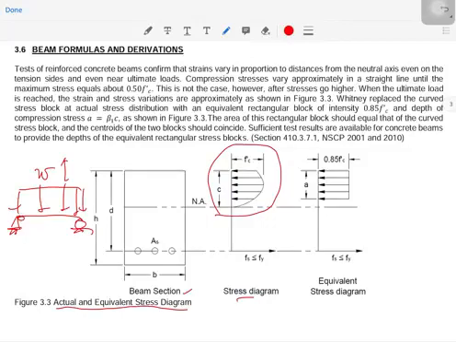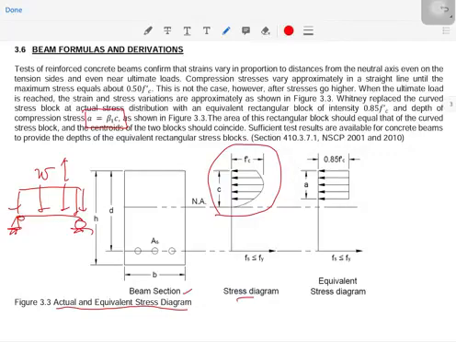Okay, so Whitney replaced the curved stress block of the actual stress distribution with an equivalent rectangular block of intensity 0.85 F'c and depth of compression block a equal to beta 1 times c, as shown in 3.3.